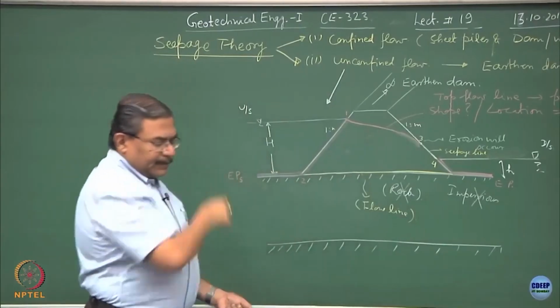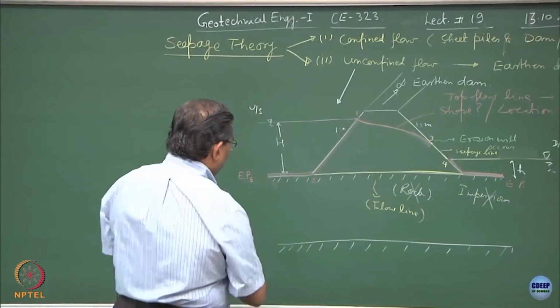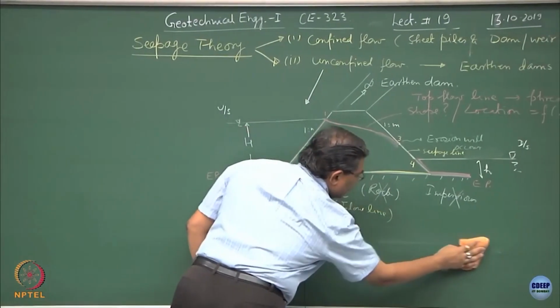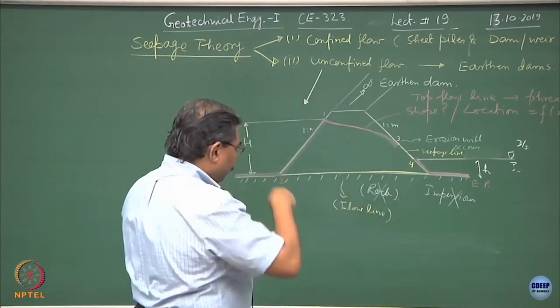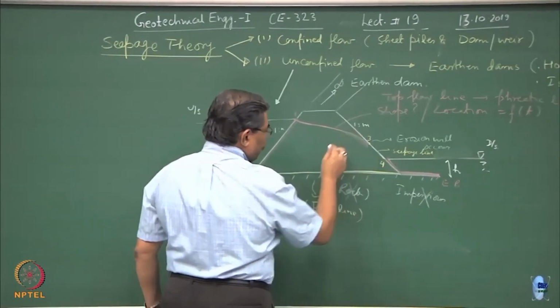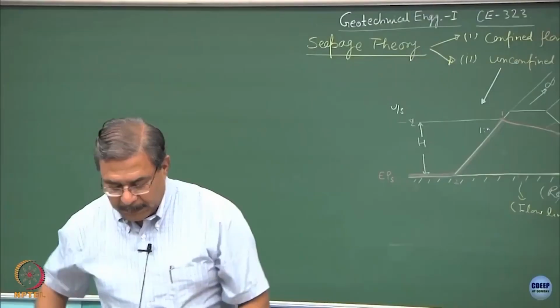So what I will do today is, I am not much eager to analyze the foundation system. I will go back to the unconfined flow problem through the body of the dam.